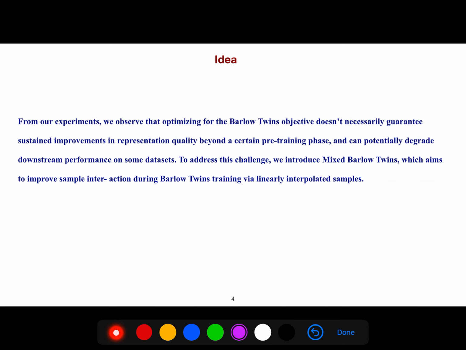From their experiments, they observed that optimizing for the Barlow Twins objective doesn't necessarily guarantee sustained improvements in representation quality beyond a certain pre-training phase and can potentially degrade downstream performance on some datasets. To address this challenge, they introduced mixed Barlow Twins, which aims to improve interaction during Barlow Twins training via linearly interpolated samples.